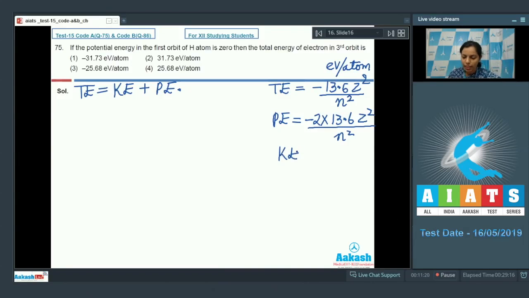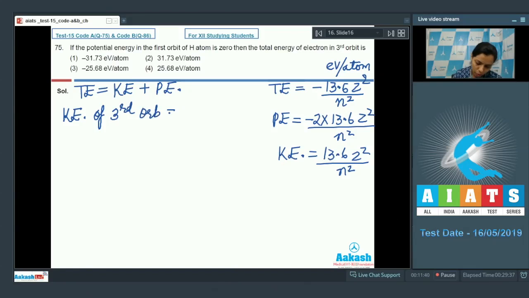Similarly, if I talk about kinetic energy, that is equal to 13.6 z square by n square, electron volt per atom. These are the formulas. Now in the general case, the kinetic energy of the third orbit would be equal to 13.6 into z square, that's 1 square, by 3 square.